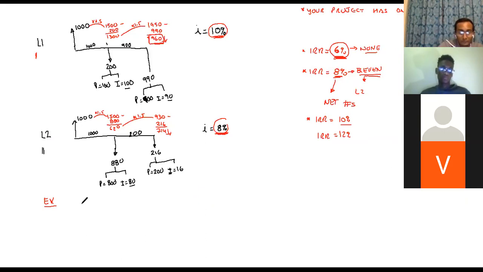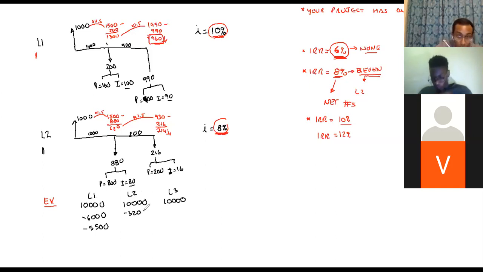So you have 10,000. So this is line number 1. The payments are going to be minus 6,000, minus 5,500. Line number 2 is going to be 10,000, of course, as line number 3. And this is going to be minus 3,200, minus 6, oh, sorry, 8,960.